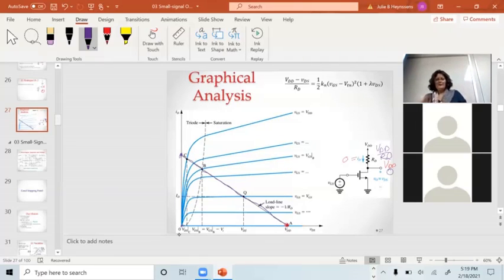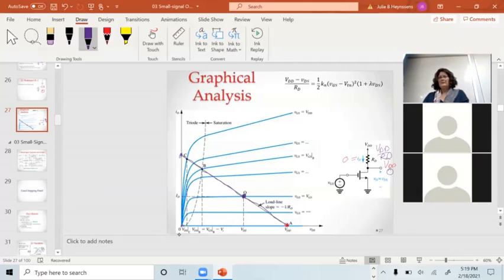Recall, though, that there's an infinite set of blue lines between each one of those blue lines. There's an infinite set of curves. So if I know VDS and I know ID, if I know the DC operating point, I can find the Q point, and it better be along that line. This is called the DC load line.